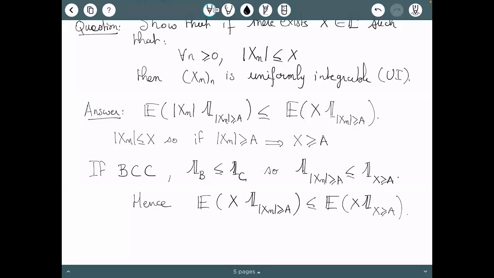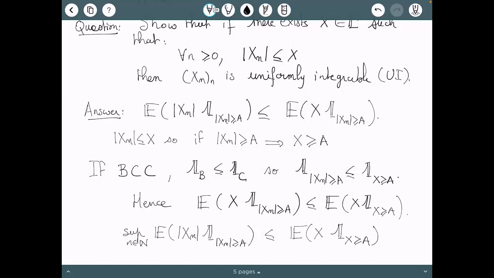And so since it is true for any n, we have the supremum over n of the expectation of xn, indicator function of xn bigger than a, is less or equal to the expectation of x, indicator function of x bigger than a.